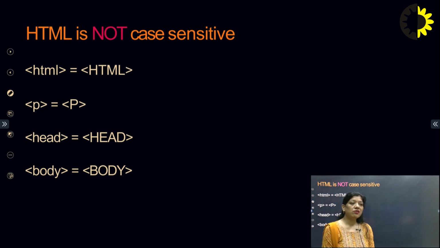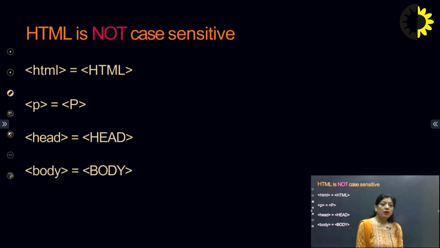HTML is not a case sensitive language like any other language. C, C++ are case sensitive languages, meaning small letter and capital letter have an effect. But HTML is not case sensitive, meaning we can write a tag in any form, in small letters or in capital letters.